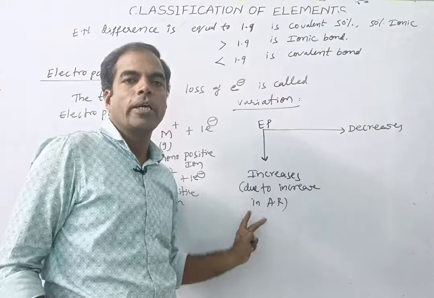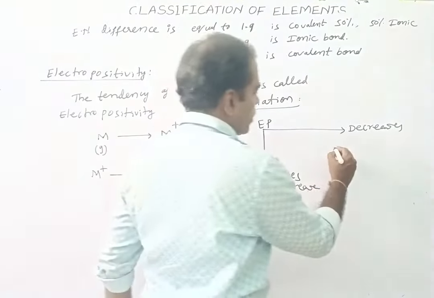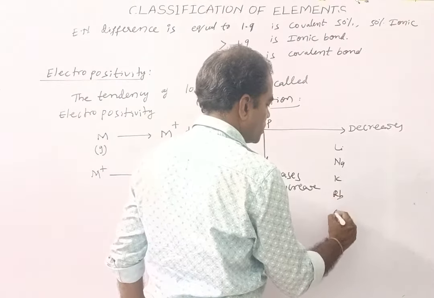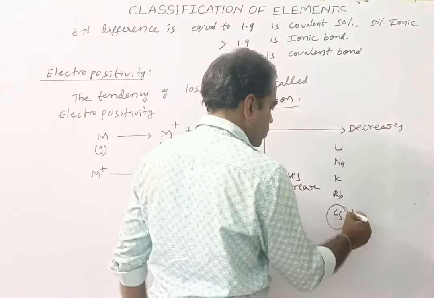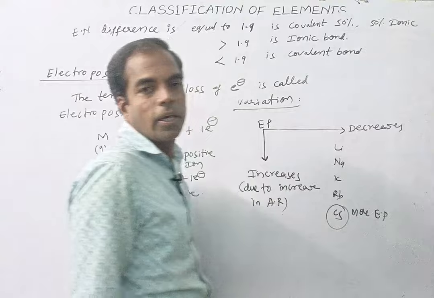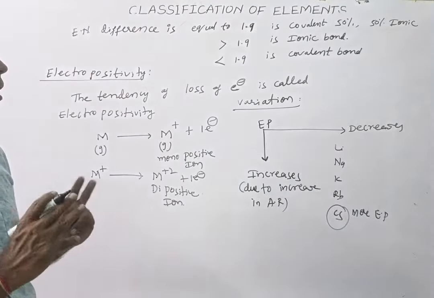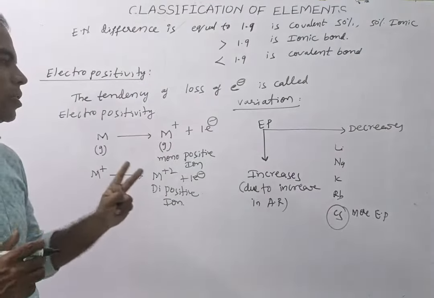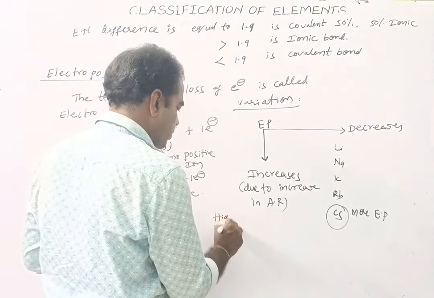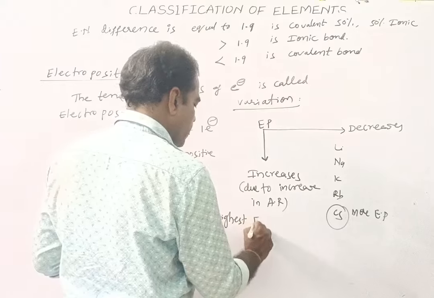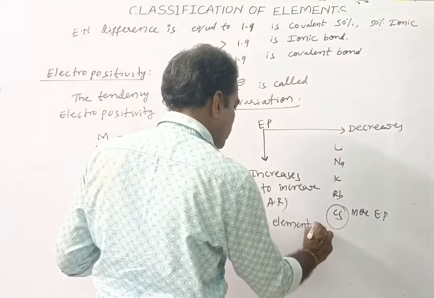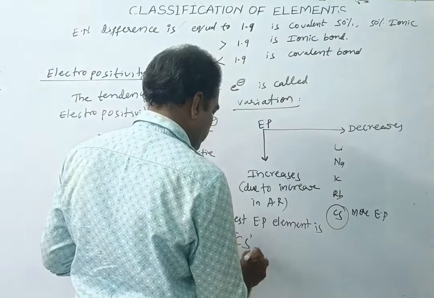Down the group, electropositivity increases. For example, lithium, sodium, potassium, rubidium, cesium. Cesium has the most electropositive nature, and among all elements in the periodic table, the highest electropositive element is cesium.